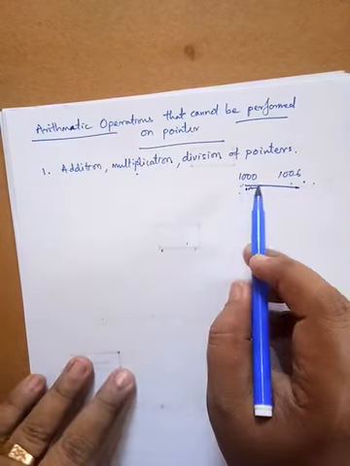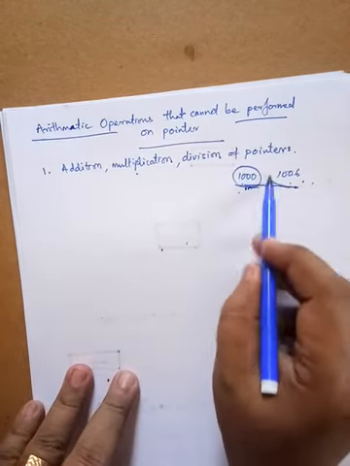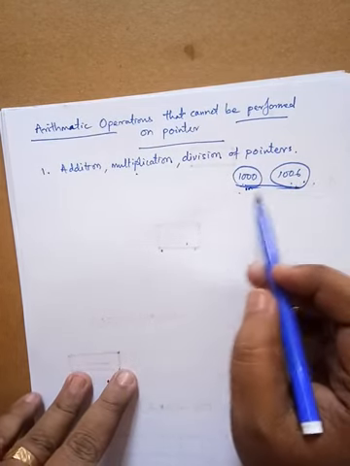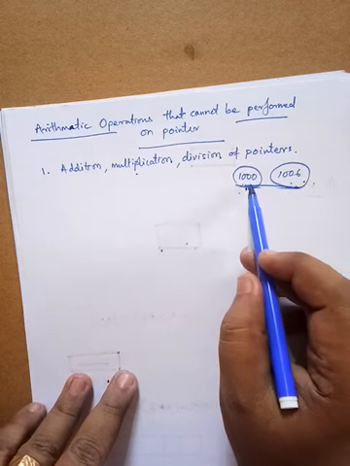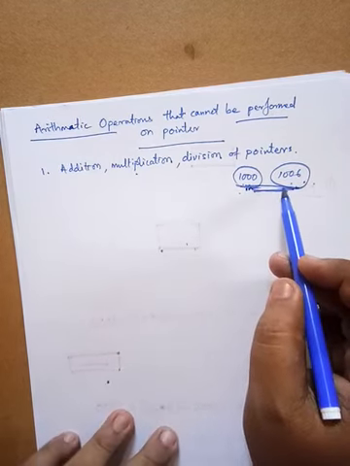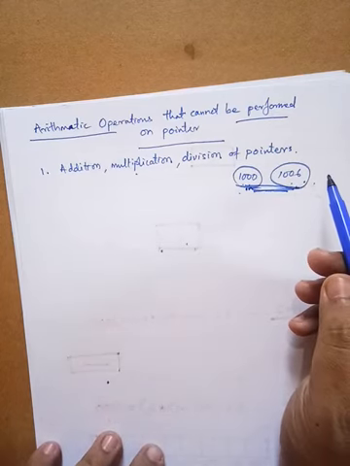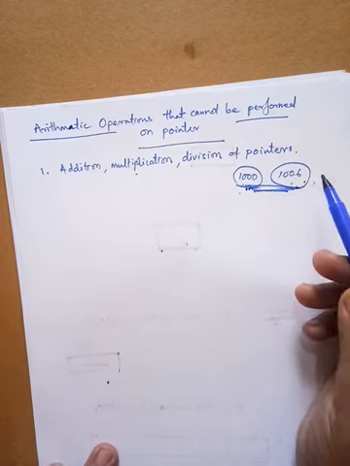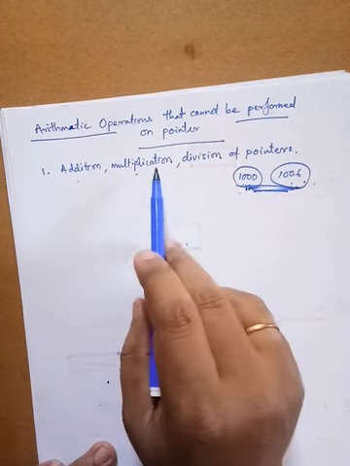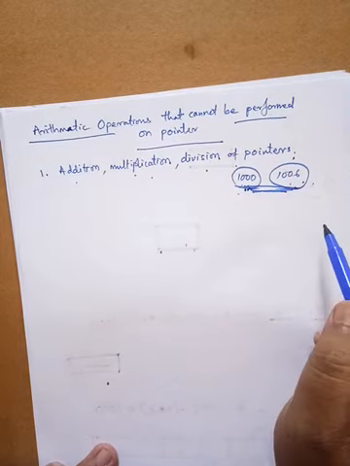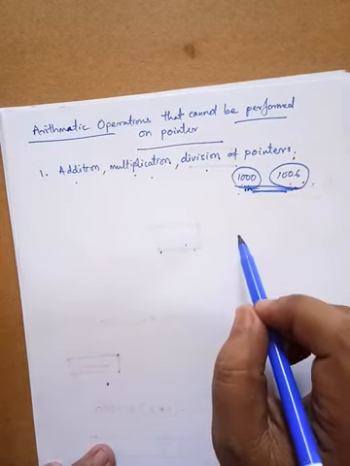Also for multiplication, if you multiply these two pointer values, the output value may not be present in the memory location. So this may be the problem. That's why arithmetic operations like addition, multiplication, division of pointers cannot be performed on pointers.